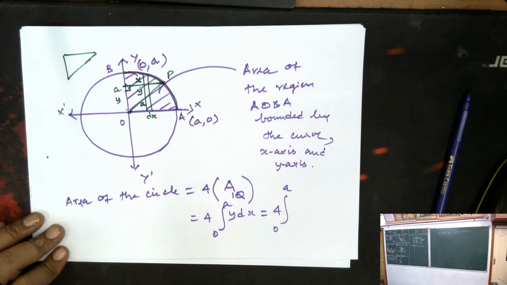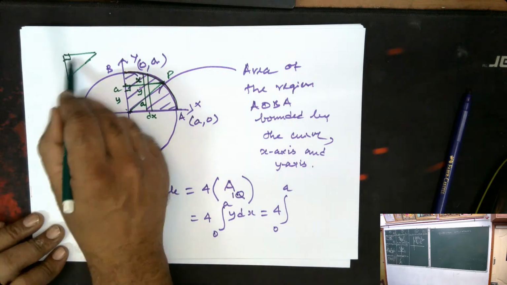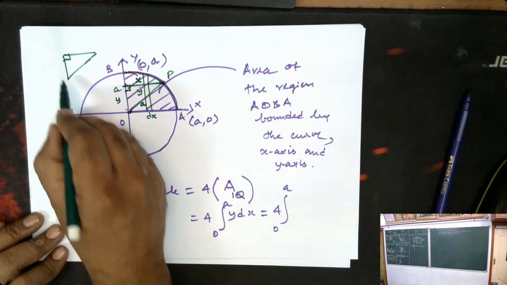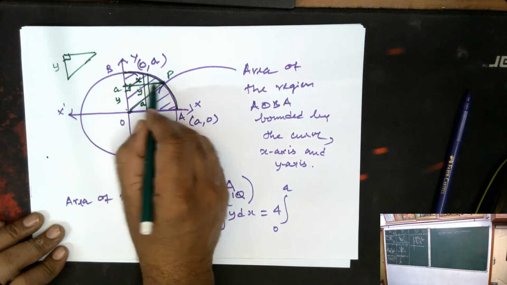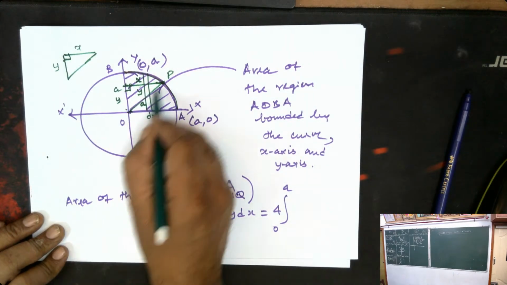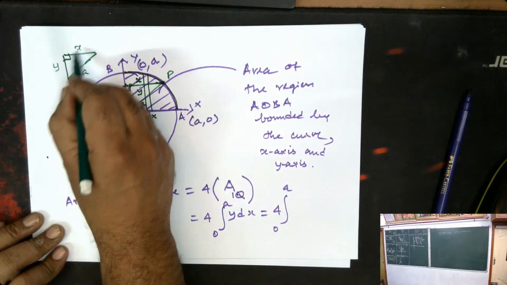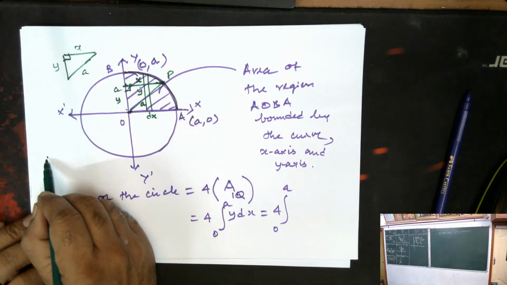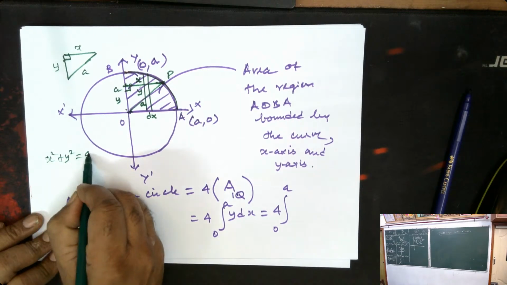Are you able to follow? So this being a right angle, you can apply the Pythagoras theorem here. So this is y, and what about this x? What about this one? A. So you know very well, x squared plus y squared is equal to a squared. Is it not?